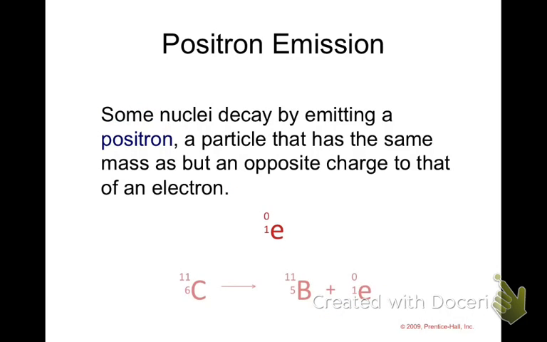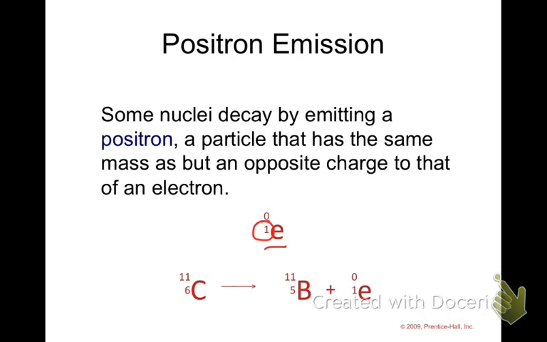Another form of nuclear decay is called positron emission. A positron is a particle that has the same mass as an electron, but an opposite charge to that electron. Okay? So a positron is kind of like a proton, but without the mass. Okay? We draw it this way.